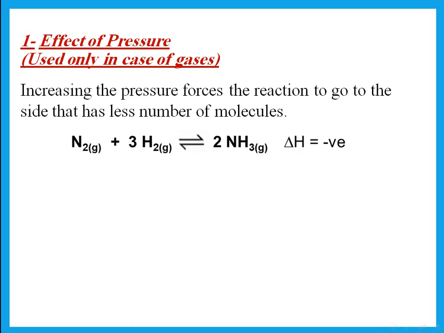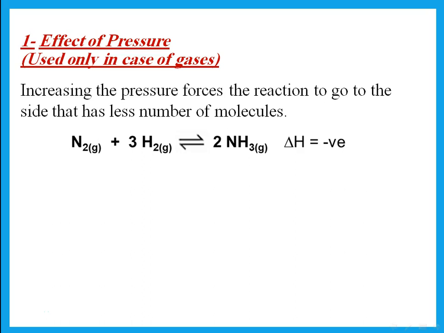For example, the first thing I could do is I could change the pressure. But remember that changing the pressure applies only if we have gases. So if I have a solid or a liquid in this reaction, I cannot say increase pressure or decrease pressure. Okay, so if I have gases, I can change the pressure.